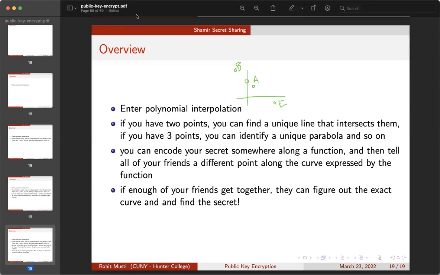Yep. And that's actually the point, Jared, it's beneficial that you can figure out the secret with B and E. Now, if you were just on your own, then you wouldn't be able to figure out the secret. So if you were just Bob, Bob alone can't figure out the secret. But if Bob and Eve get together, then they can find the secret.